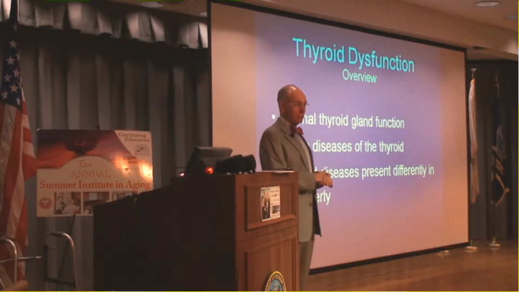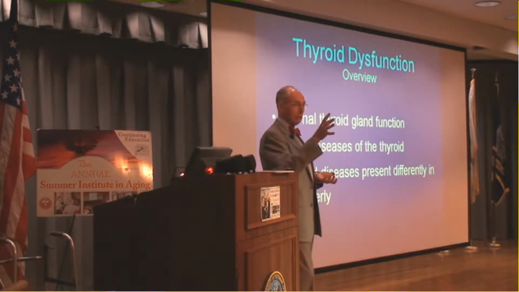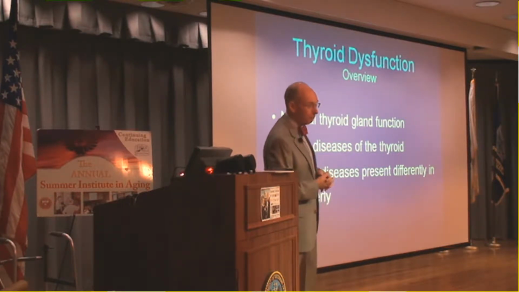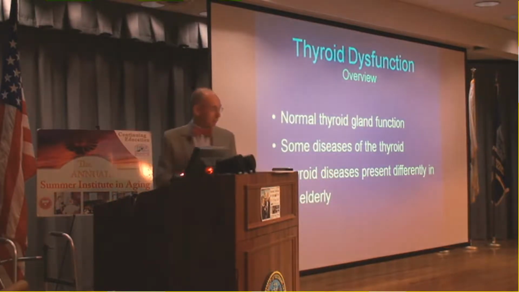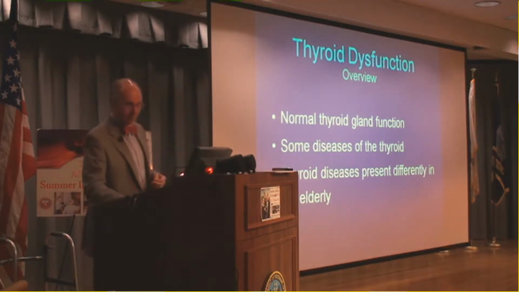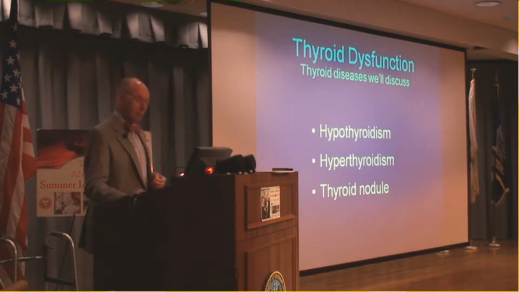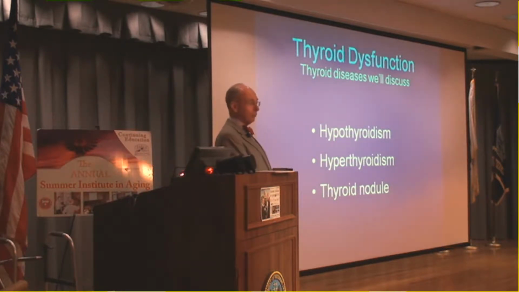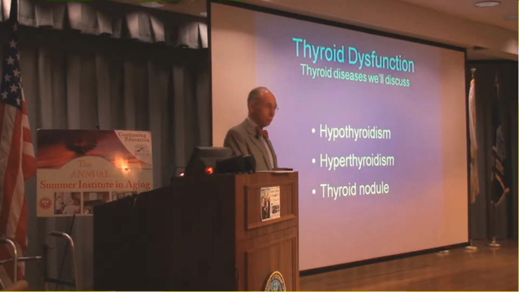With thyroid disease, it's not something that presents automatically. You kind of have to go after the diagnosis. But very, very interesting. So we're going to talk about hypothyroid, low thyroid, hyperthyroid, high thyroid. We're going to talk a little bit about thyroid nodules.